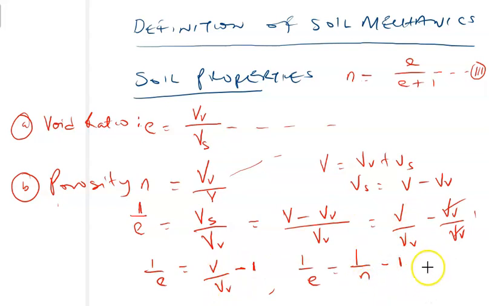So we can find the LCM here, and it will be 1 minus N over N.